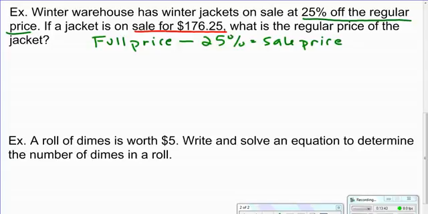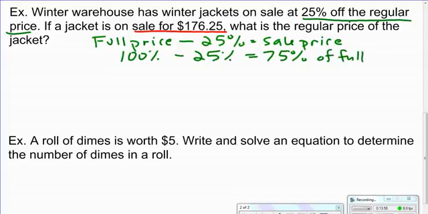So full price, let's say, is 100% of the cost. We're taking off 25% of the cost, and so the sale price is going to be 75% of the full cost, right? You're paying 75 because they took off 25. So we're going to find what 75% is of our regular price to figure out what our regular price is.